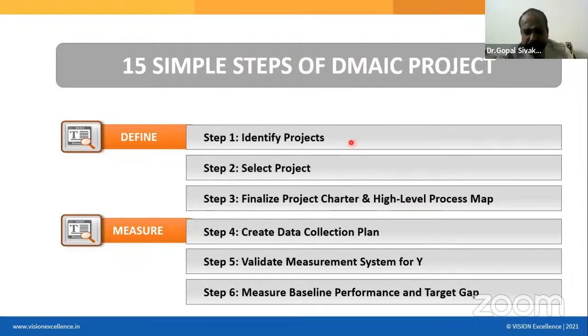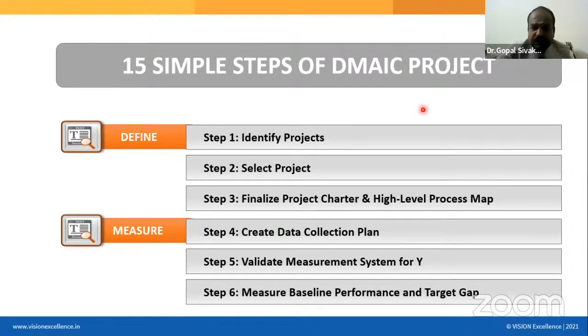How to execute these steps? What are the deliverables from every step? What kind of tools and techniques need to be used for each and every step? As a result, you will be able to deliver results stepwise, phase wise. The main deliverable of the define phase is the approved project charter.